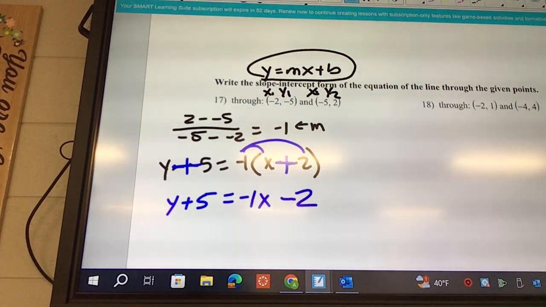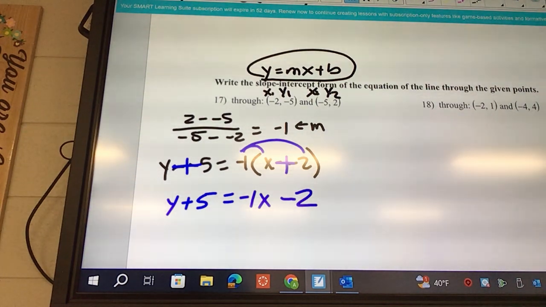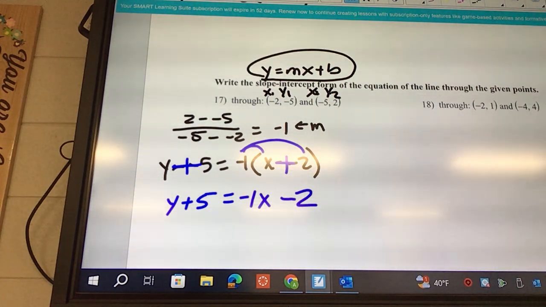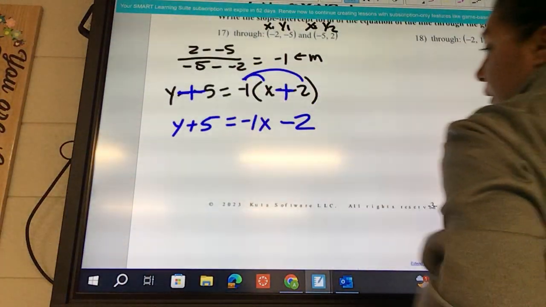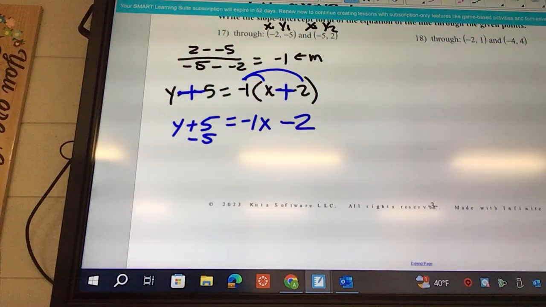Look at it. What needs moved? I don't have my y all by itself yet, so add the 5. Subtract the 5. Is that going to get put under this 1 or the 2? Under the 2. You're going to get a minus 7.